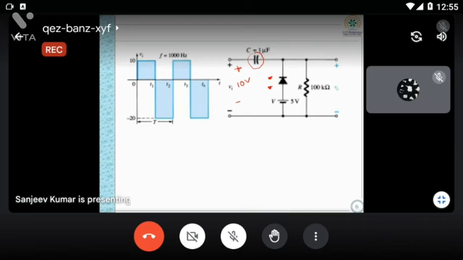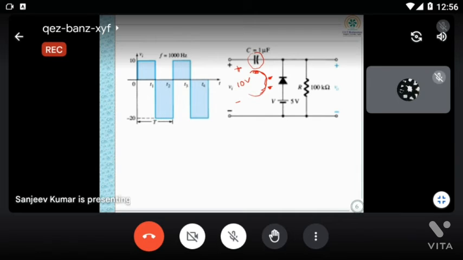For charging the capacitor, this diode should be in the on state, no? For example, this capacitor will charge when this path is closed. When Vin will be greater than 5 volt, then the diode will be on. Now that's why for the 0 to T1 time period, it will take some time, and you don't know how much time it will take.